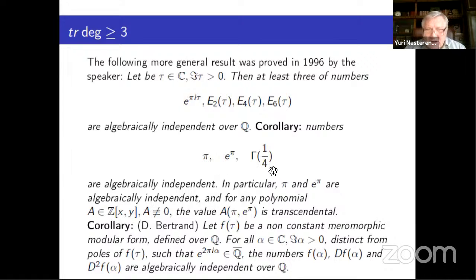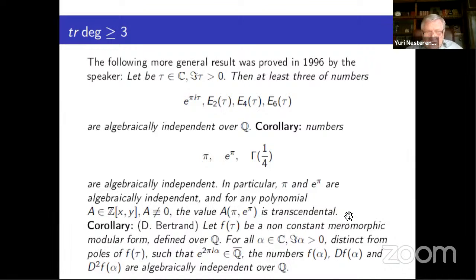In particular, pi and e to the pi are algebraically independent, and this means that for any polynomial with integer coefficients distinct from 0, the value at the point pi, e to the pi is transcendental. For example, the sum of these numbers, the product, some fractions, and so on.